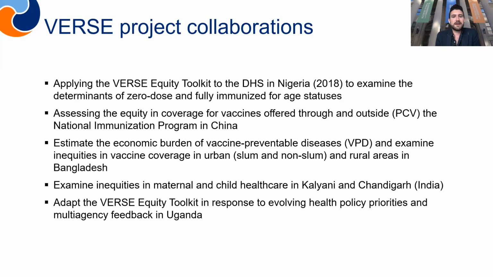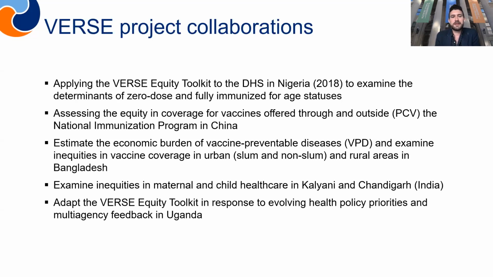The second is assessing equity in coverage for vaccines offered inside and outside the National Immunization Program in China, and that's in collaboration with Peking University. A third case study has been to estimate the economic burden of vaccine preventable disease and examine inequities in both economic burden and vaccine coverage across different settings in Bangladesh, so urban, peri-urban slum, and non-slum urban.